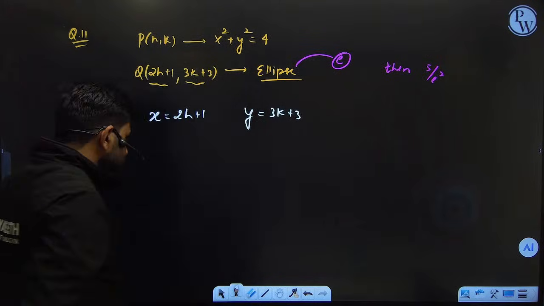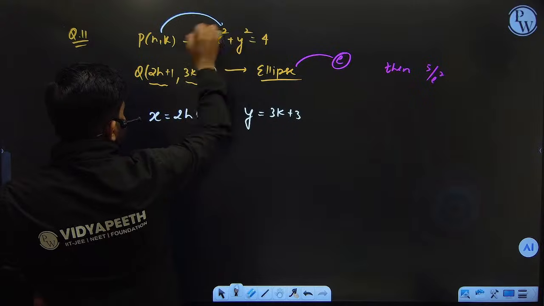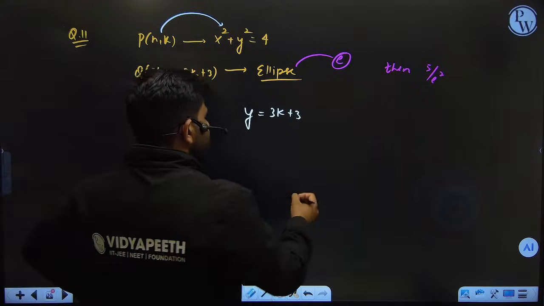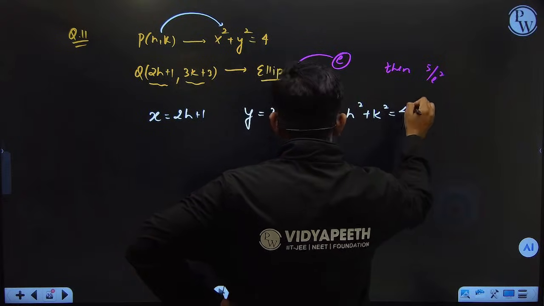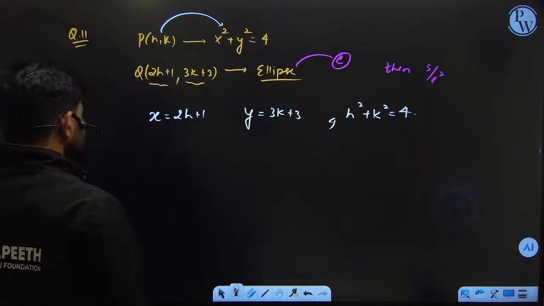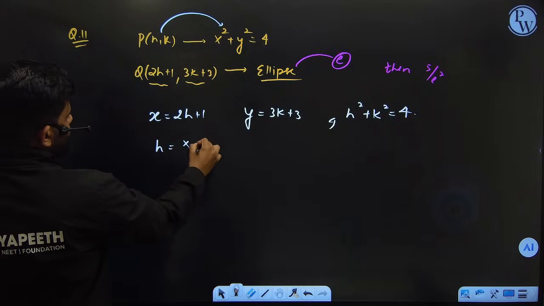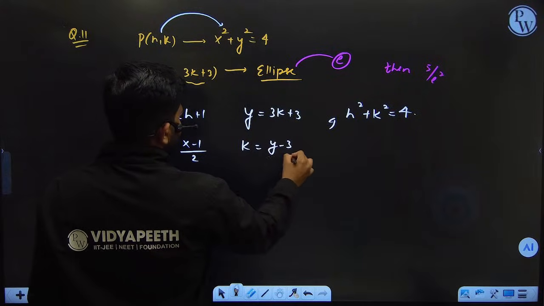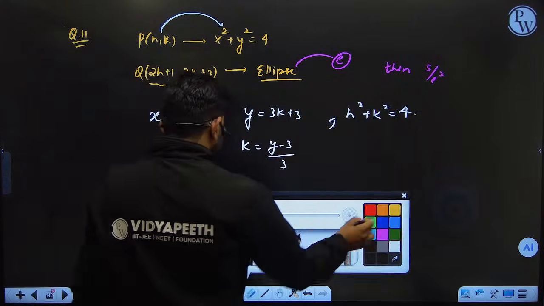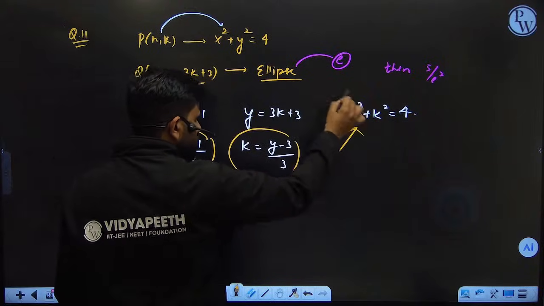We have a relation between h, k and x, y, and (h, k) lies on this circle, so we have one more relation between h and k: h square plus k square equals 4. Now just find the values of h and k from these equations. So h will be (x - 1)/2 and k will be (y - 3)/3. Put the values of h and k in this equation.